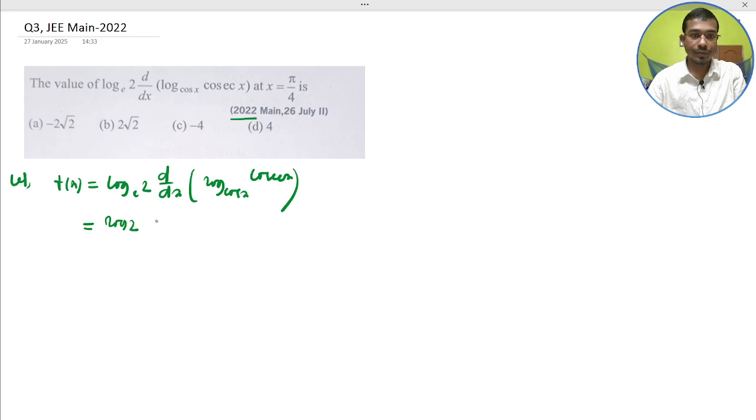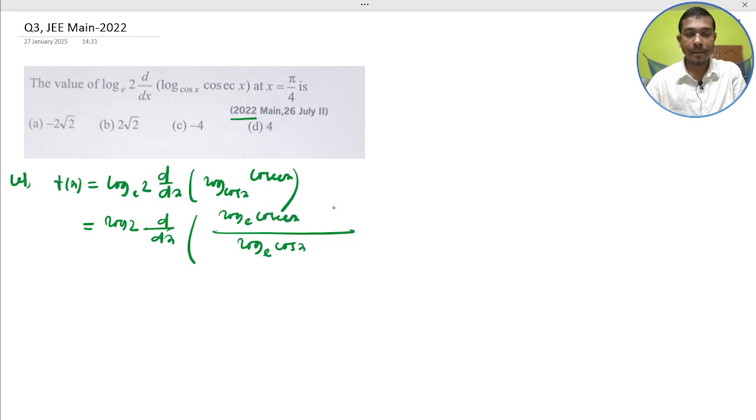So log 2 d/dx of this should be log cos x by log cosec x, equal to log 2 d/dx of this should be what?